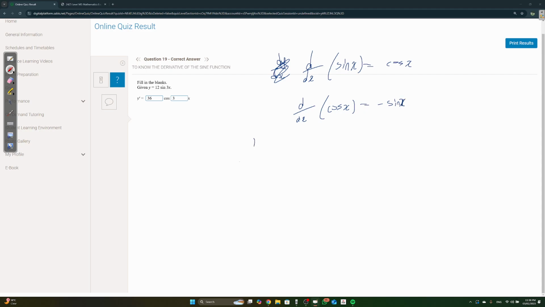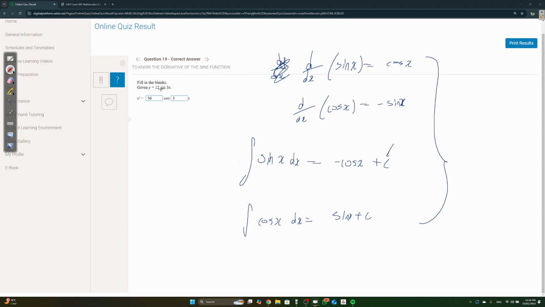Integral sine x dx is equal to negative cosine x plus c. Please don't forget the plus c. And integral cosine x dx is equal to sine x plus c. Okay, 4 rules.